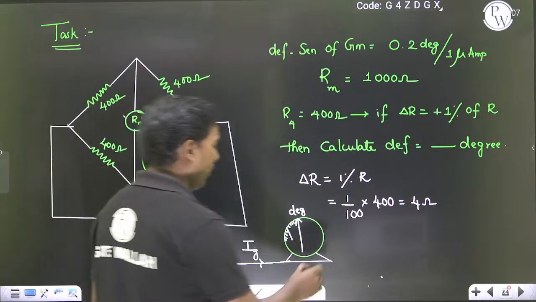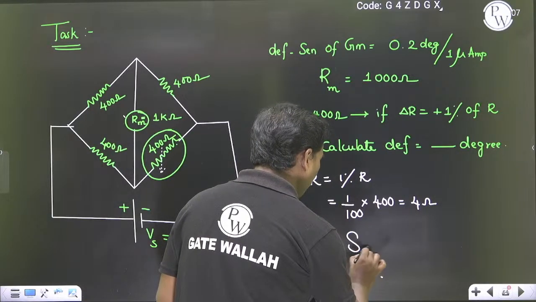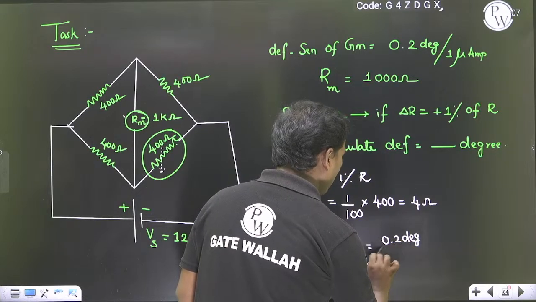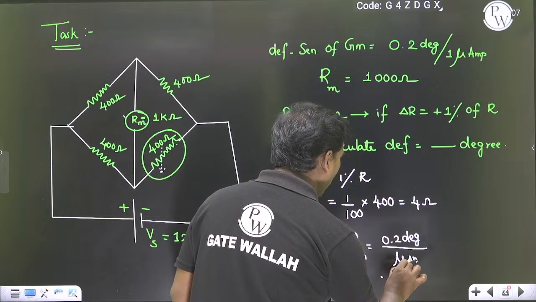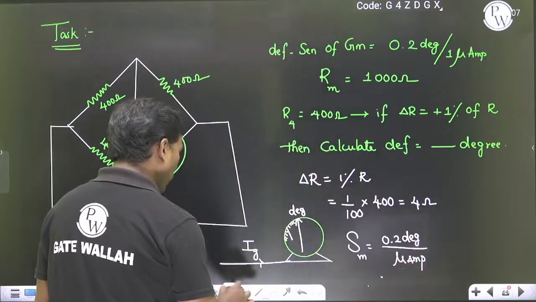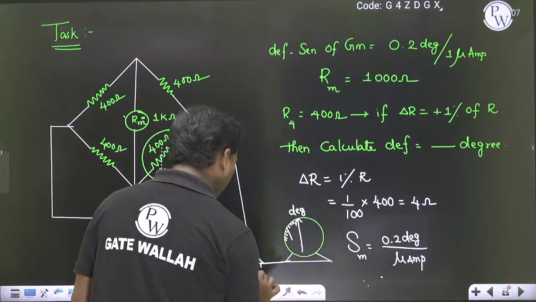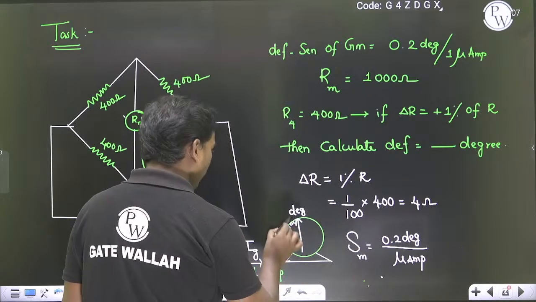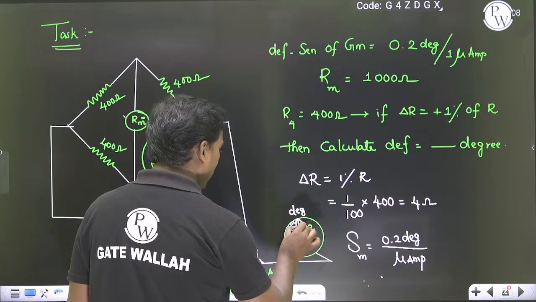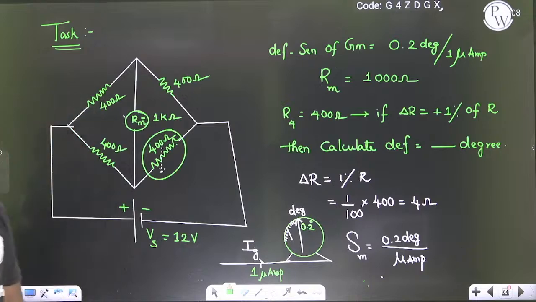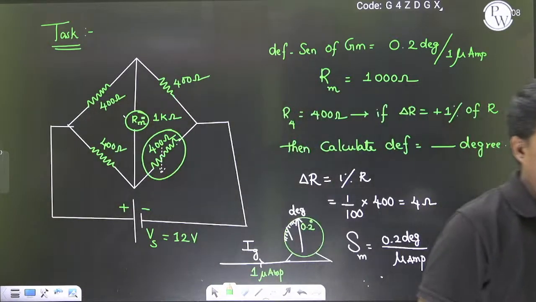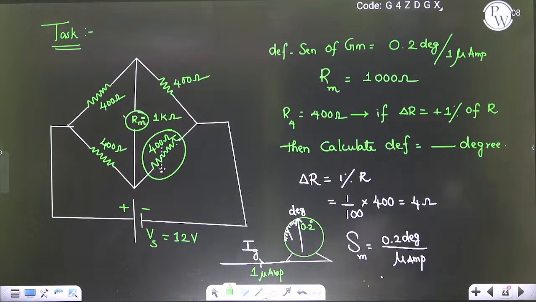So the deflection sensitivity of the meter is given as 0.2 degree per microampere. What is the meaning of it? If 1 microampere of current is entering, then the deflection is 0.2 degrees. If 1 microampere of current is entering, the deflection is how much? 0.2 degrees. So now how much current is going to be entered here, that we have to calculate.